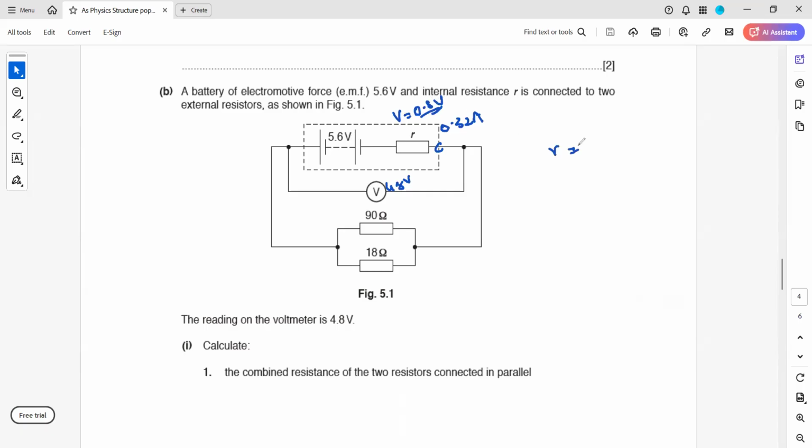The resistance is the ratio between voltage and current. 0.8 is the voltage across the internal resistance and 0.32 is the current passing through it. The answer is 2.5, so the internal resistance is 2.5 ohm.